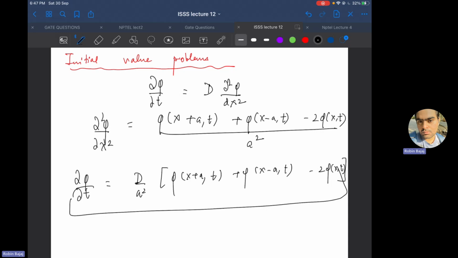But the interesting thing is there is no point using Runge-Kutta over there. Does anyone know what's the reason? The reason is simply because you are using the finite difference, central differencing for the second derivative, which is already correct up to the second order. So why would you use something which is correct up to order 4?